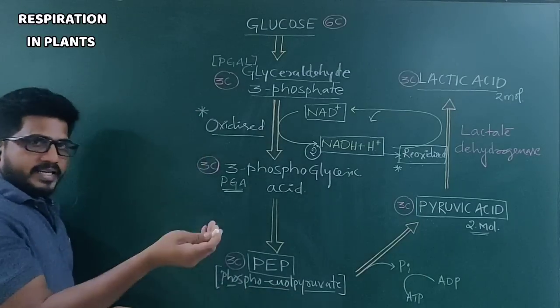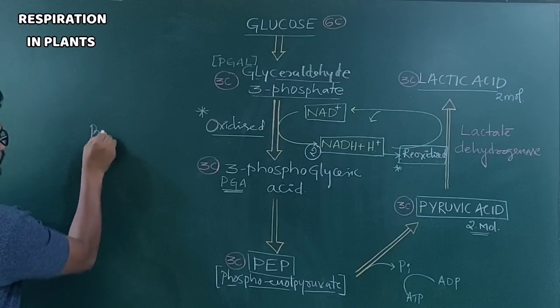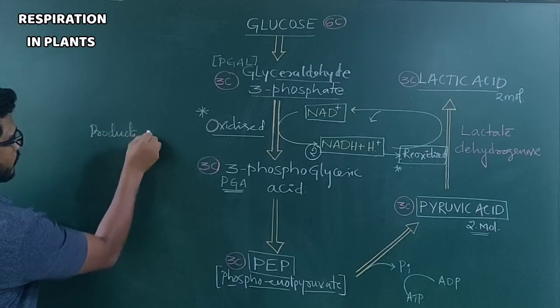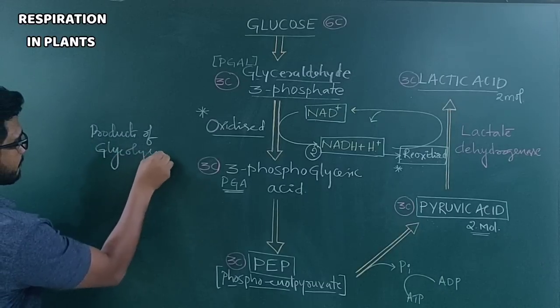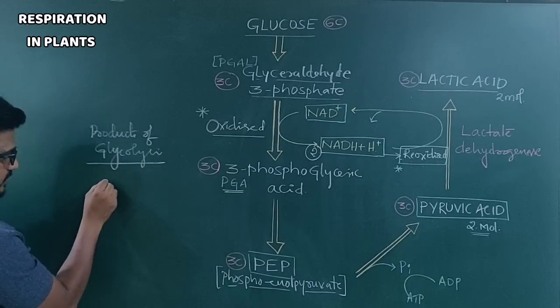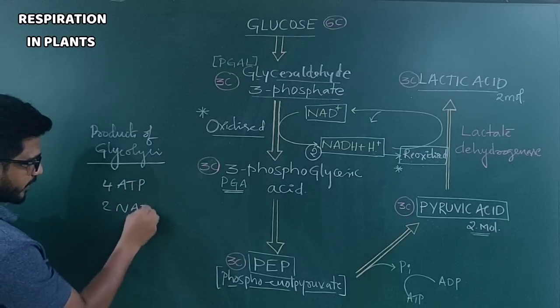For our better understanding, I will tell you a simple calculation. Products of glycolysis. What are the products of glycolysis? 4 ATP plus 2 NADH2.